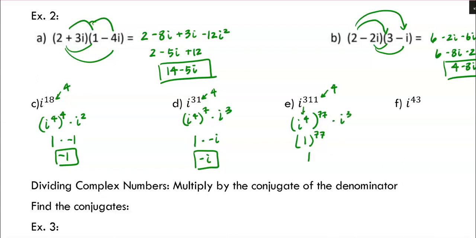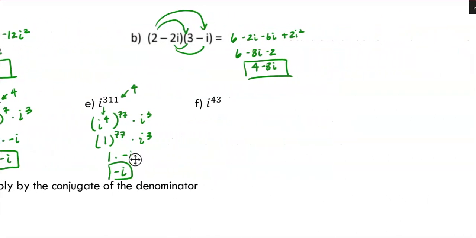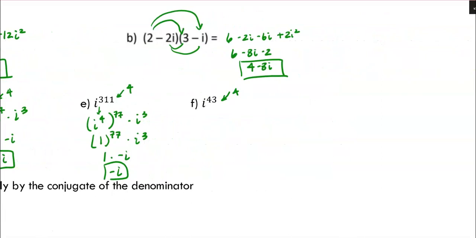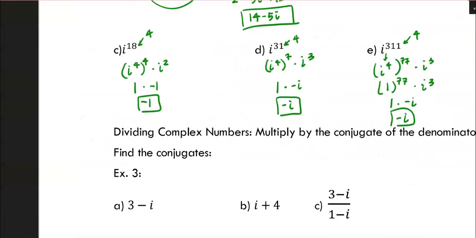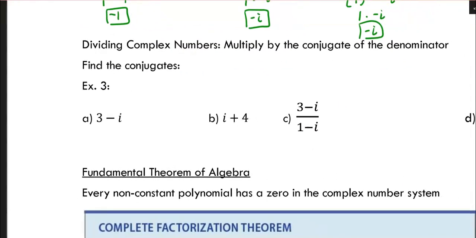And we have i to the third left over. i to the third is negative i. Okay, 4 once again, i to the 4th. So that goes in 10 times, i to the third. Once again, negative i.